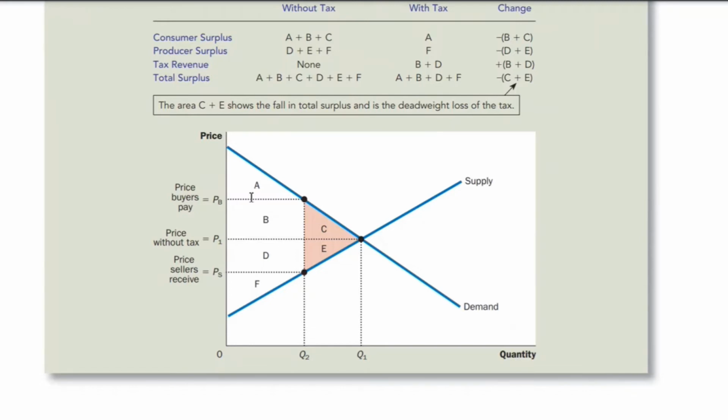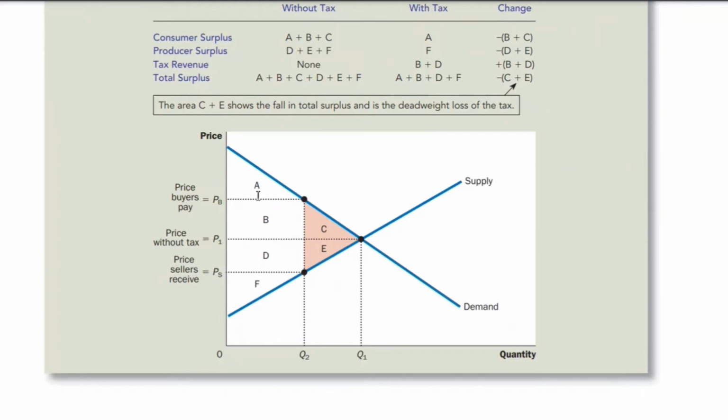Similarly, the producer surplus is the area below the price line and above the supply curve. Initially, before the enactment of tax, it was D plus E plus F. However, after tax was imposed, the producer surplus falls to only area F. Area B plus D is known as the tax revenue which is generated by the government.